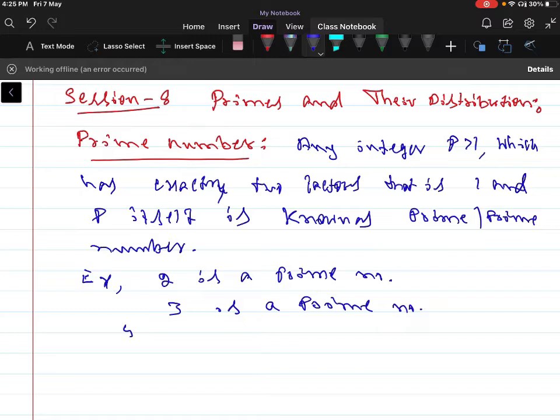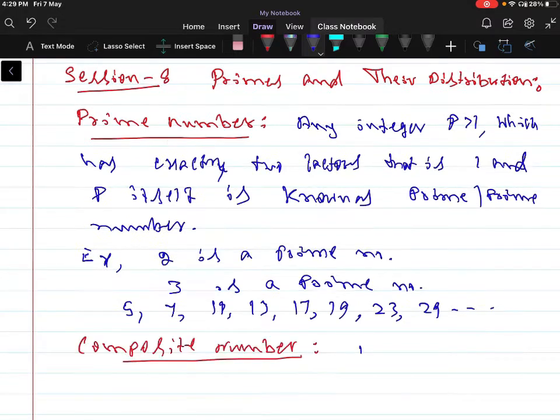So similarly 5, 7, 11, 13, 17, 19, 23, 29 and so on. So these are the examples of prime numbers. So these numbers are divisible by only one and the number itself.